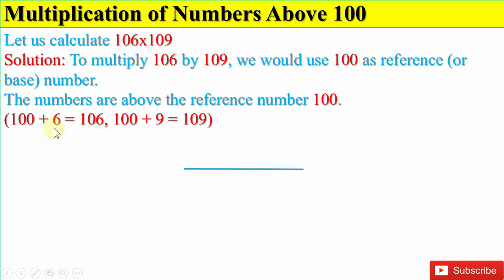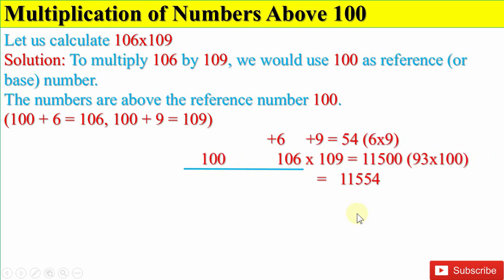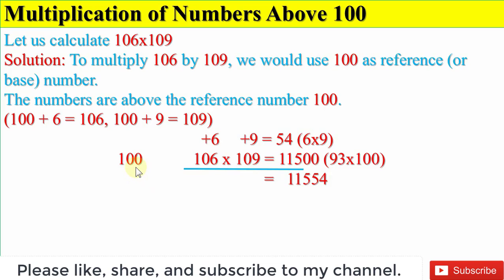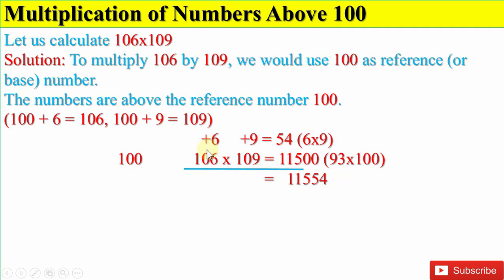100 plus 6 gives 106. 100 plus 9 gives 109. Since 106 is more than 100 by 6 and 109 by 9, we write plus 6 above 106 and plus 9 above 109.